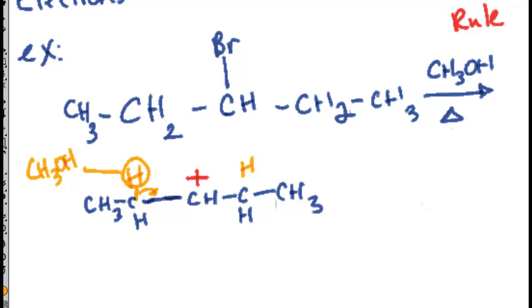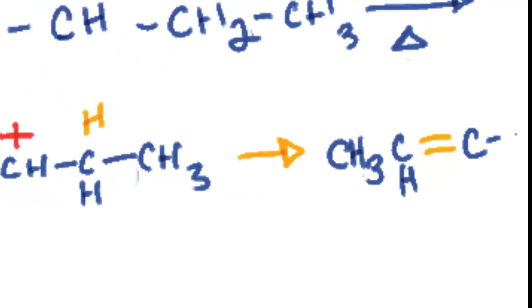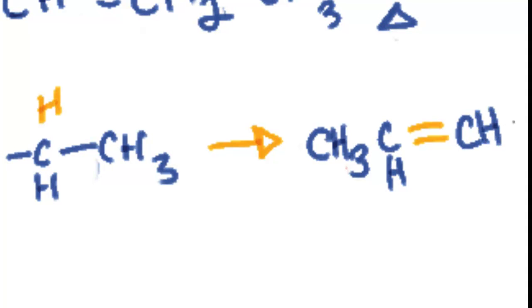And in this case, your product will look something like, oops, didn't change the color, CH3CH, and then the double bond, and then the carbon, and the hydrogen, and the methyl.